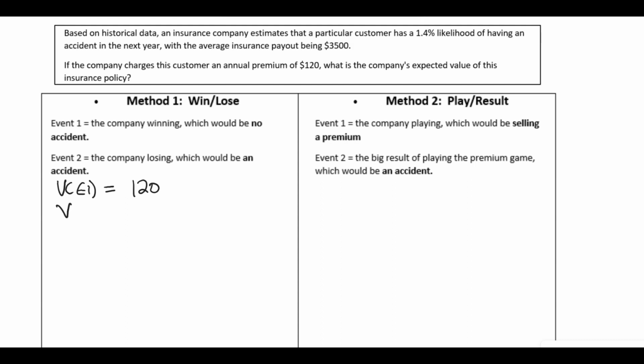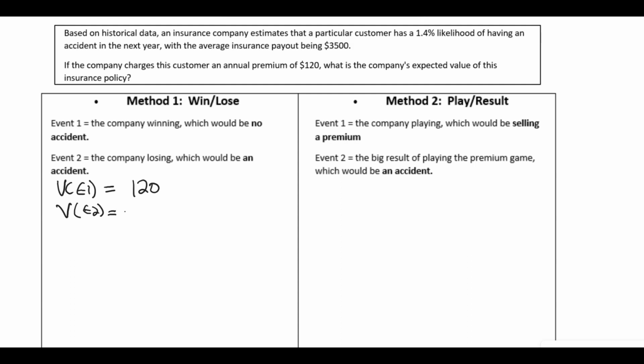The value of event two, however, is not the full $3,500. It's negative. They're losing money in this event.